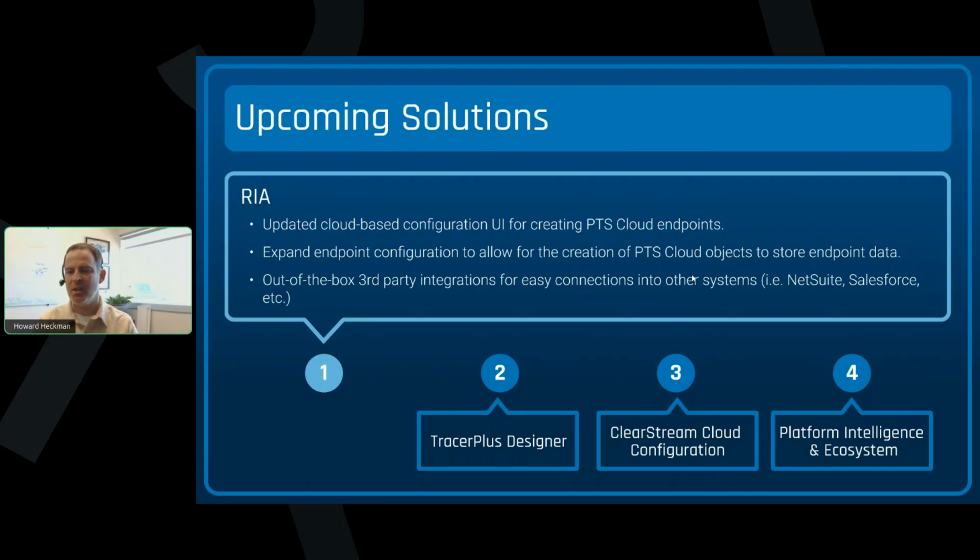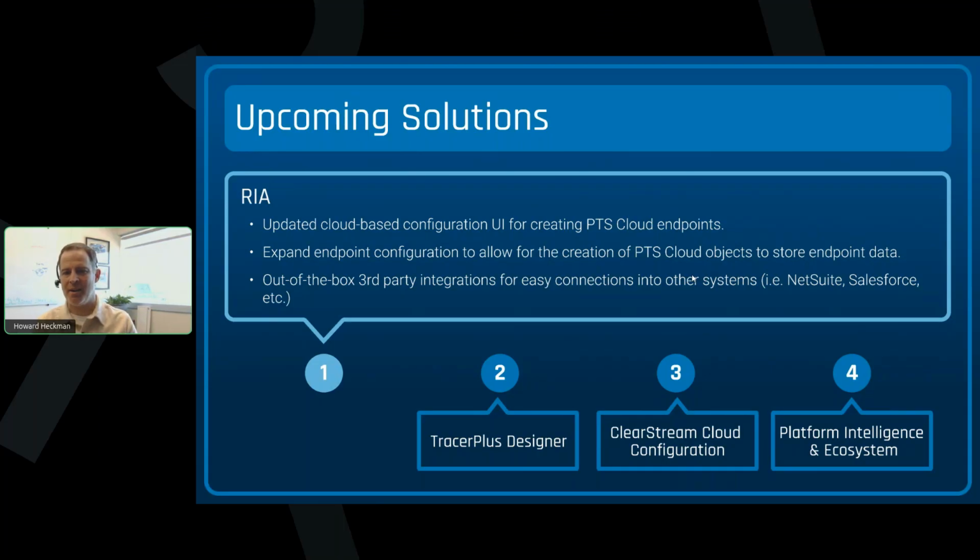So with NetSuite, you hook up the data that's in the PTS cloud directly to NetSuite through the configuration options. There's no custom coding or anything like that. You just spin up the PTS cloud using RIA, configure everything you want within that PTS cloud, which creates the endpoints into that cloud, and then integrate that into third-party systems.